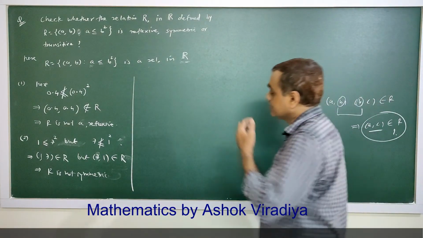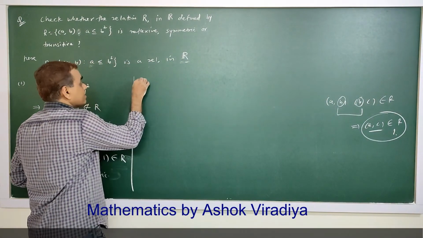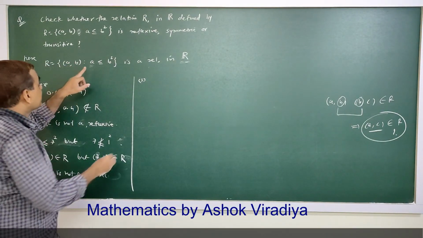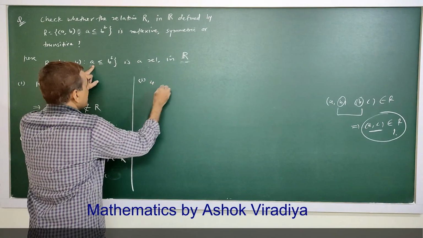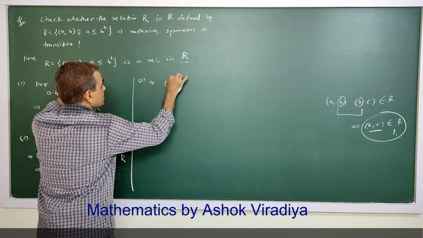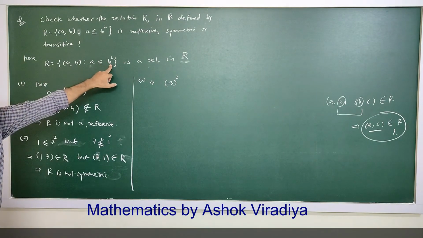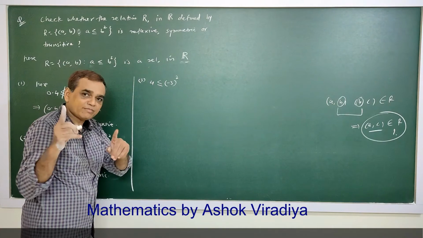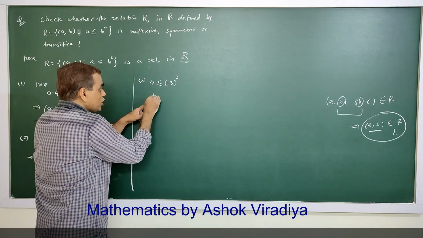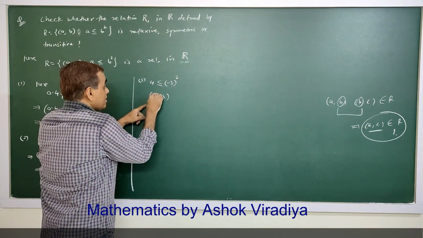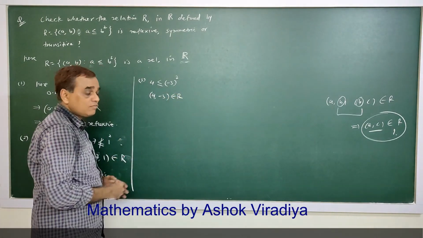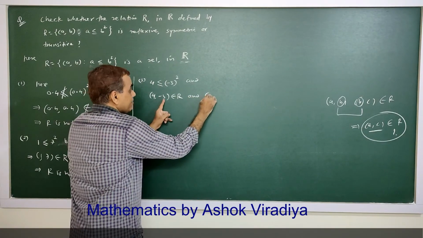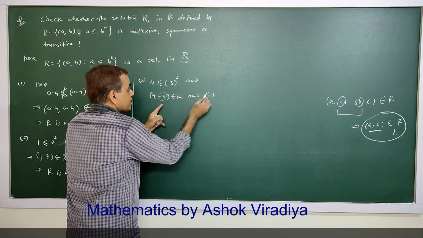See, taking a number by trick, I am taking one positive, one negative. Say if I take 4 and here minus 3, (4, -3). This is true. 4 is less than or equal to minus 3 squared. It is true. That means (4, -3) belongs to R. And now I am taking minus 3 common.